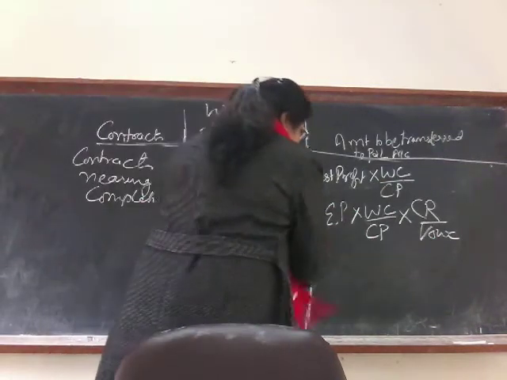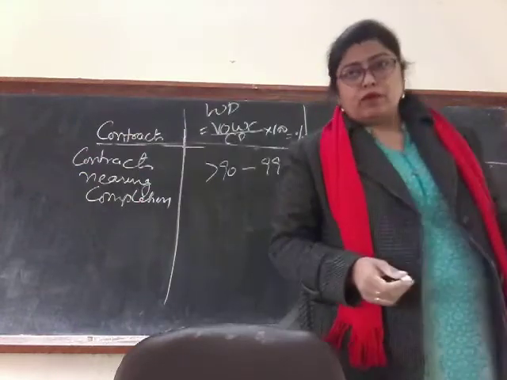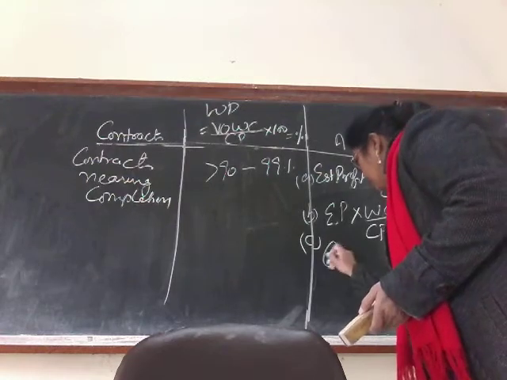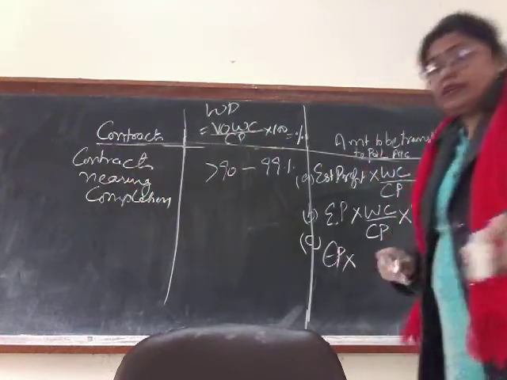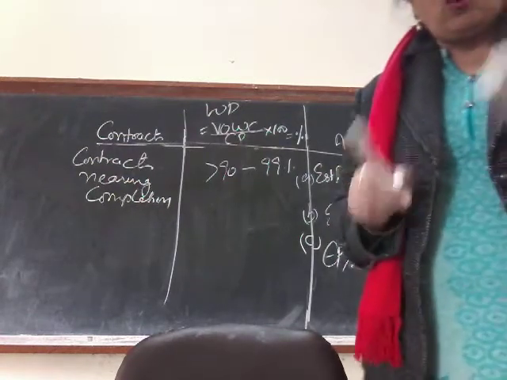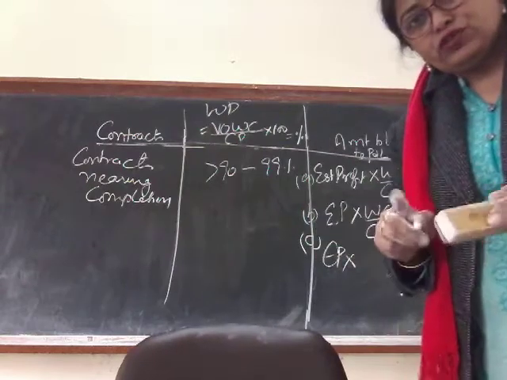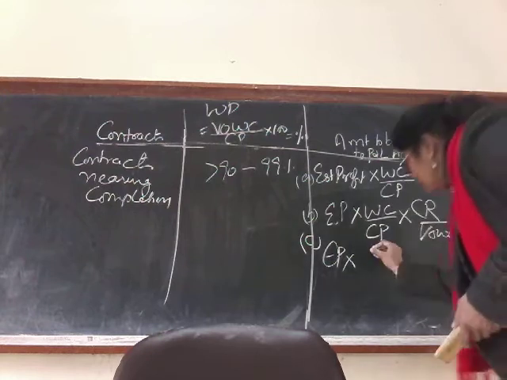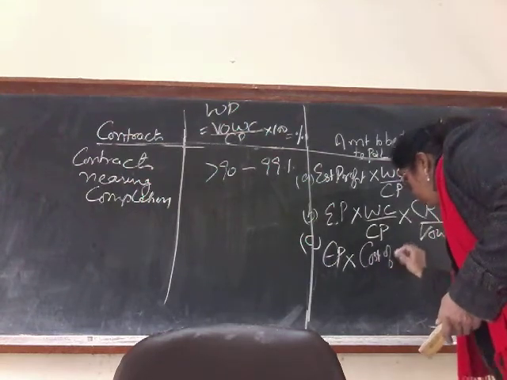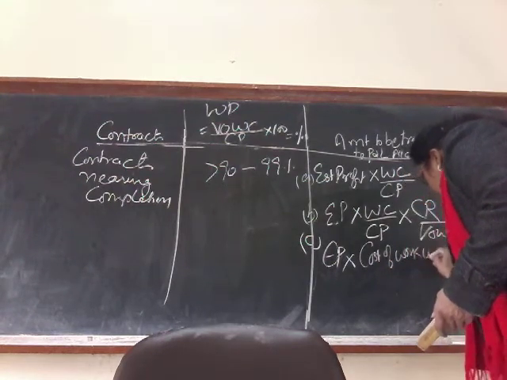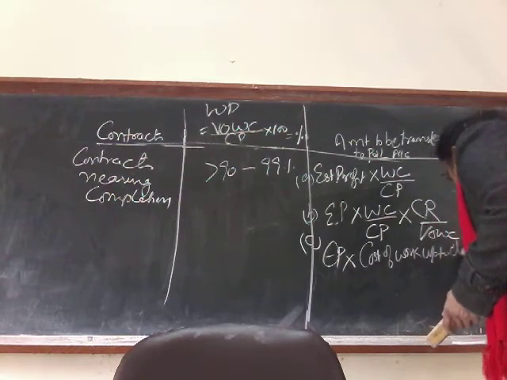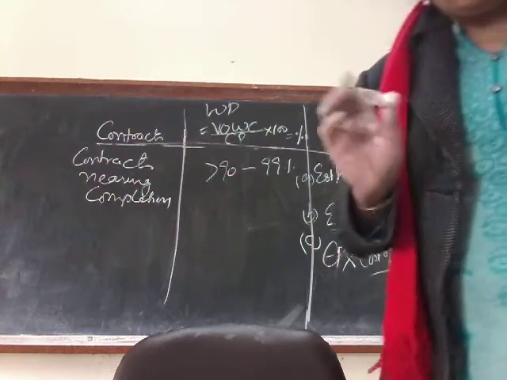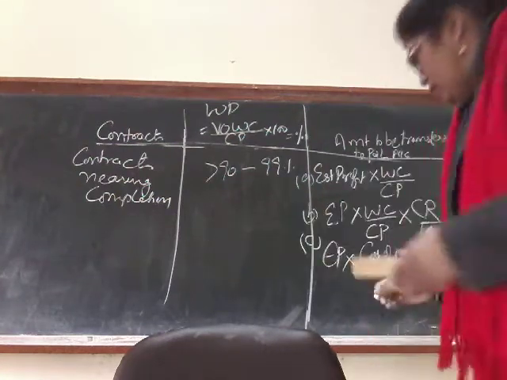There is one more formula: estimated profit into, this is on the basis of cost now, cost of work up to date divided by estimated total cost of the contract.